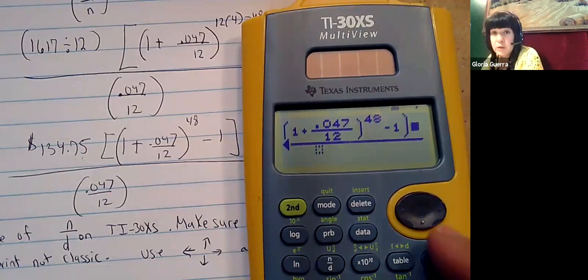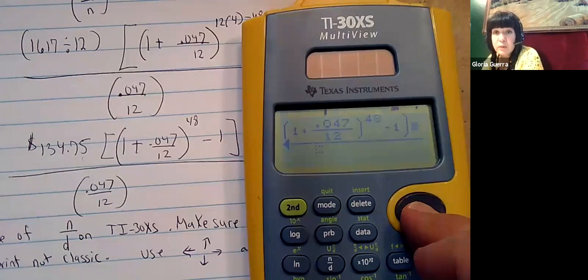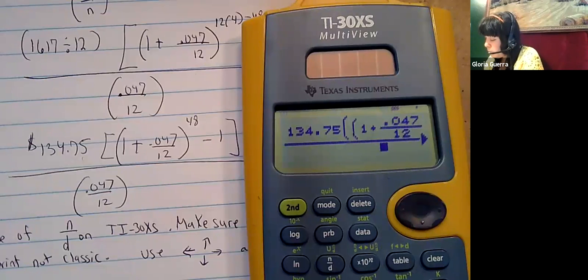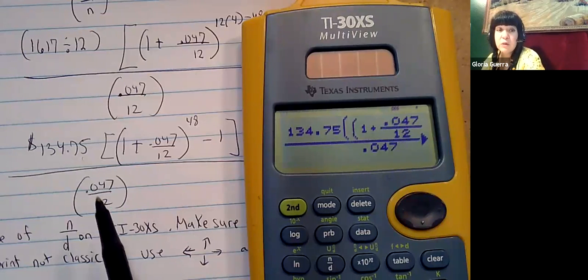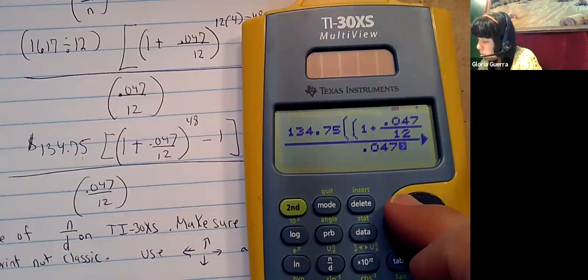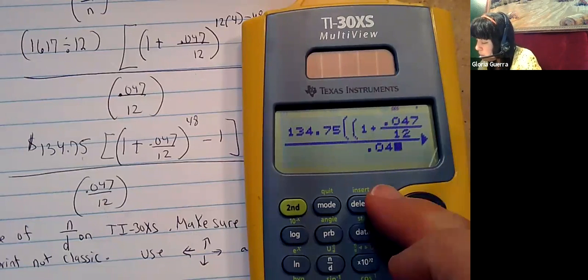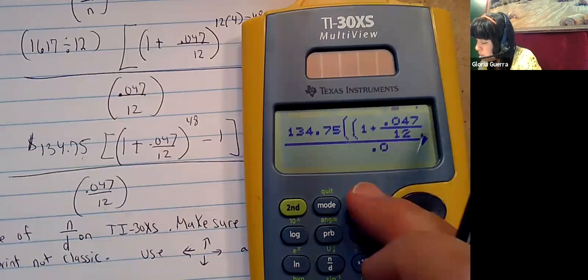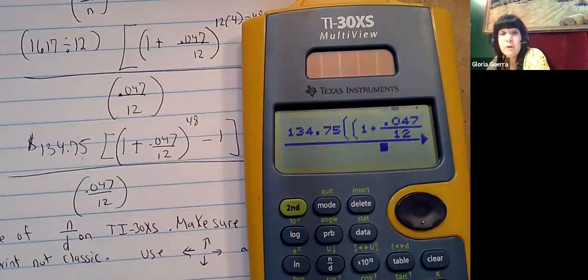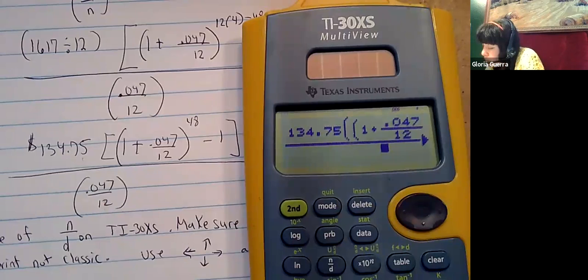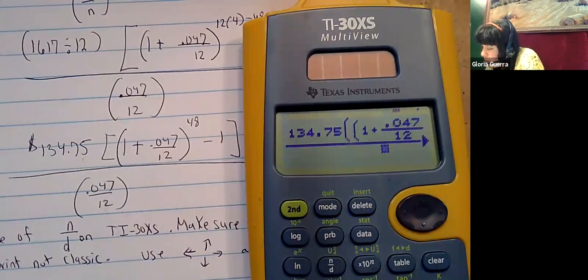And then you can hit the down arrow. Now you go down to the bottom. 0.047. Oh, excuse me. I wanted to use this N over D key. So let me back up. Delete it. Delete. Delete. Okay, see me? I deleted that so that I can hit this N over D key.